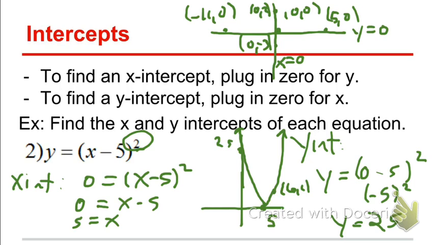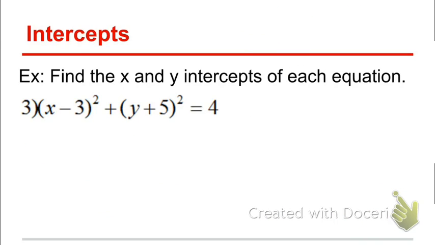Alright, let's try one more. Find the x and y intercepts, and that's with this circle here. So find the x and y intercepts of this equation. We're going to plug in 0 for x first to find the y-intercepts.